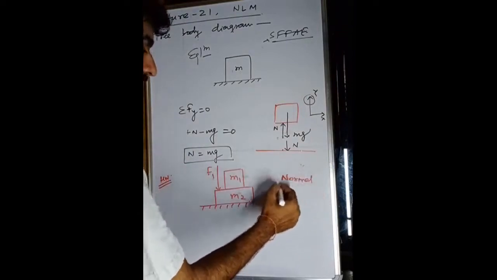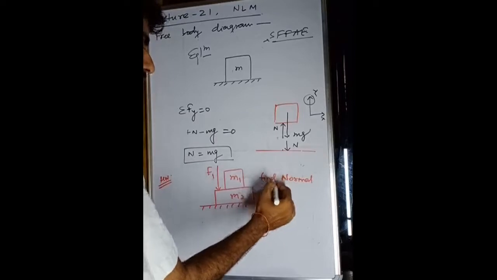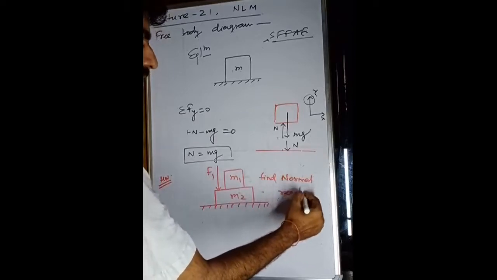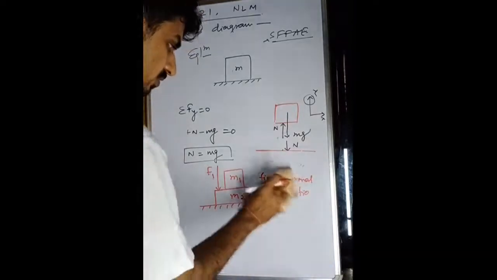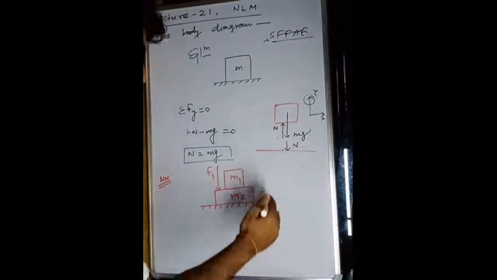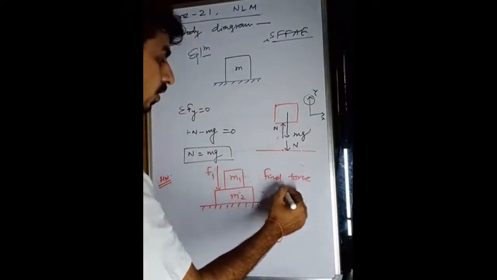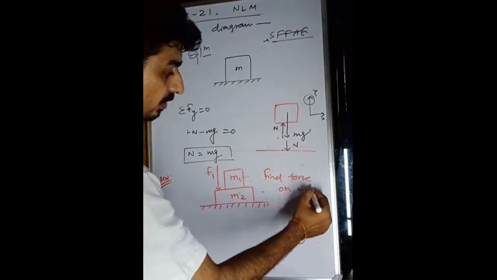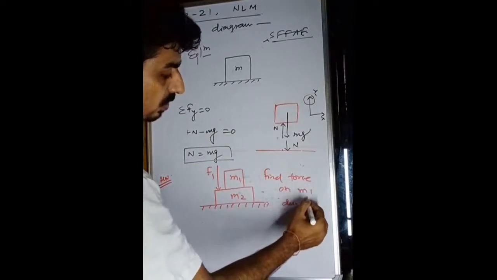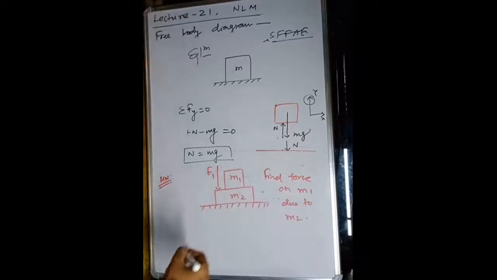Or simply you can write: find the force on M1 due to M2. Okay, you have to find the force on M1.